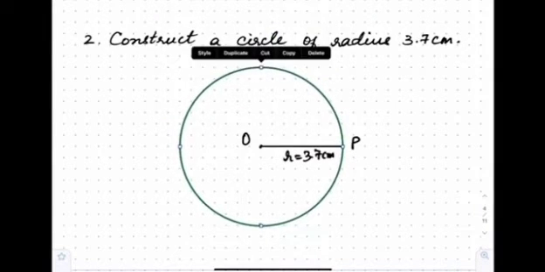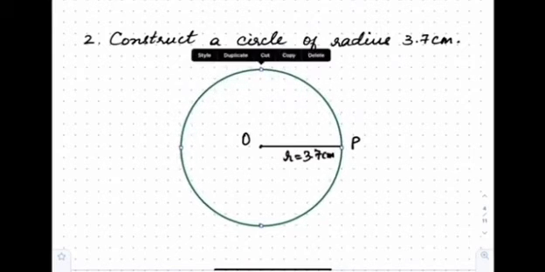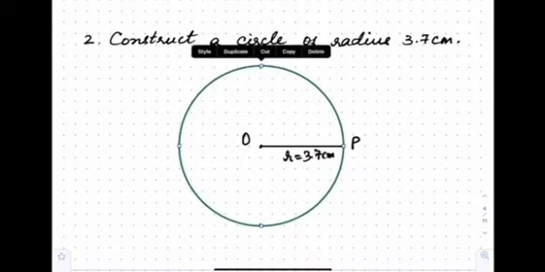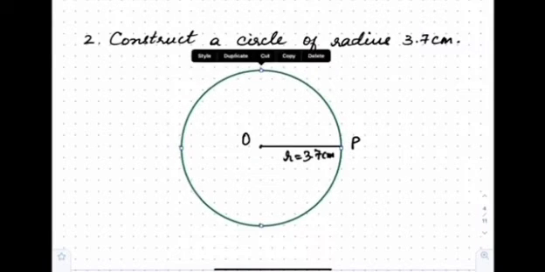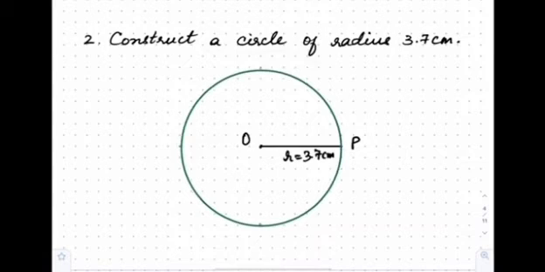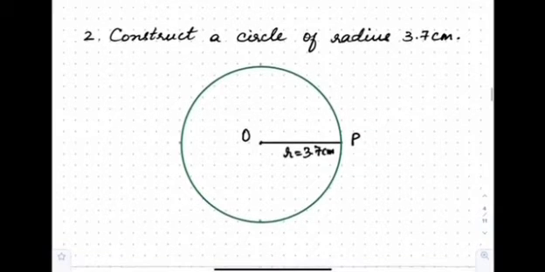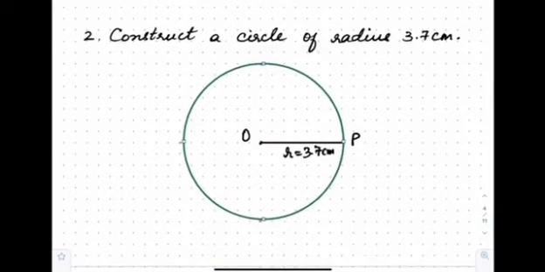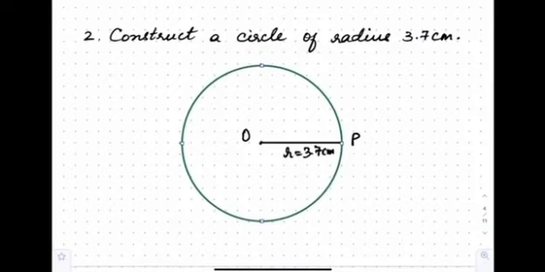If you want to check whether your construction is correct, you can check it by drawing lines. You can draw a line from the center to any point on the circumference.